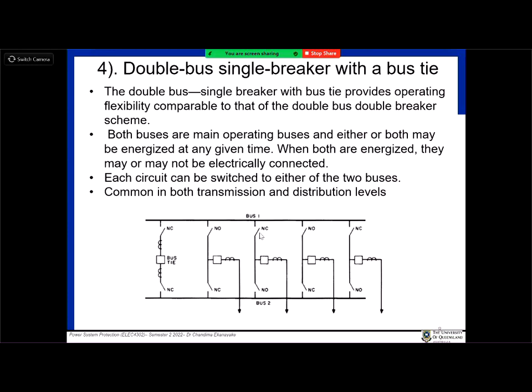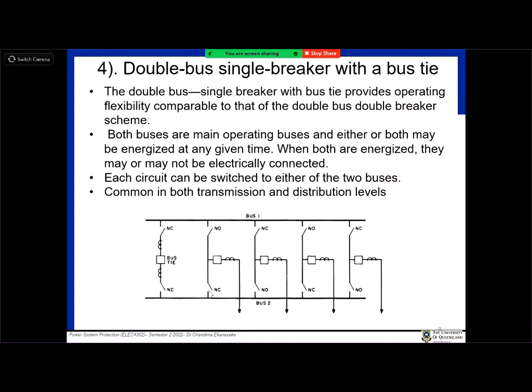This is normally closed, normally closed, normally open, normally open, normally open, normally closed, right? So the last one is connected to bus 1, the one before the last one is connected to bus 2, likewise, right? So now the two buses are also disconnected here using the bus tie.